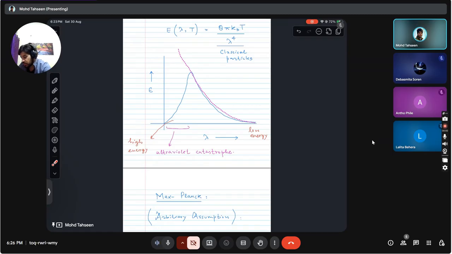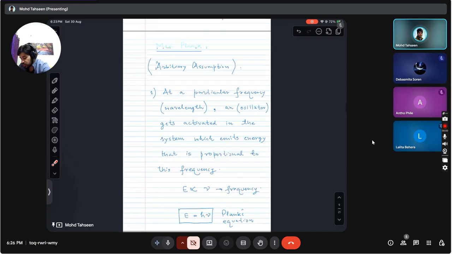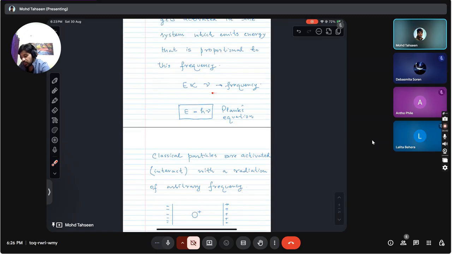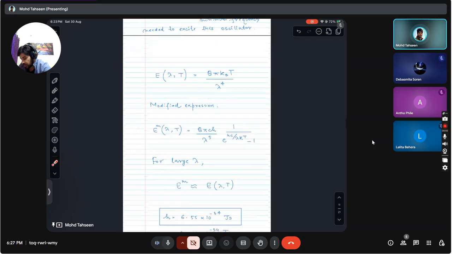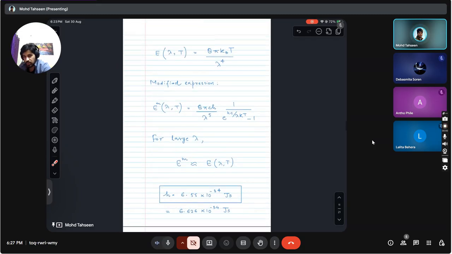So what Max Planck assumed was that the energy needed to activate this oscillator is directly proportional to the frequency of the radiation. And then, just to treat this as an equation, he introduced a constant h, which came to be known as Planck's constant.